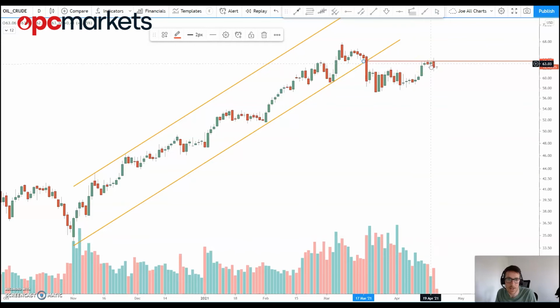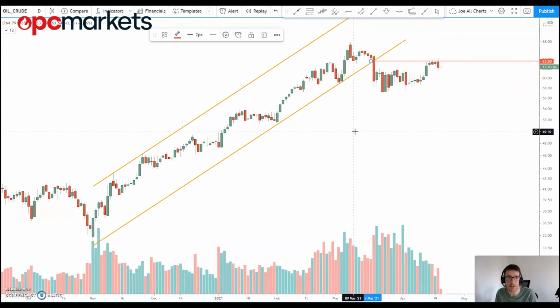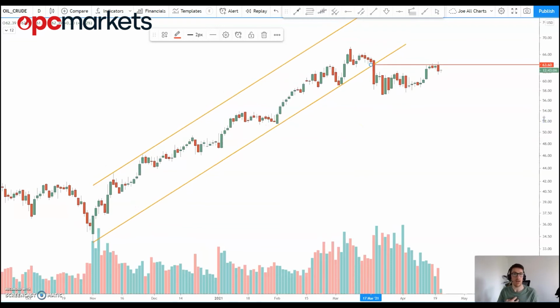Then in subsequent days, we saw a narrowing of the price ranges as it failed to overcome that 63.60 level. Yesterday, although we had a little bit of a poke above it to the upside, we did close significantly below it and form this bearish outside candle. So this has formed a nice resistance level, a nice line in the sand for me from a trading perspective. That would be the area that I would probably have a stop loss above if I was looking to take any short trades today.